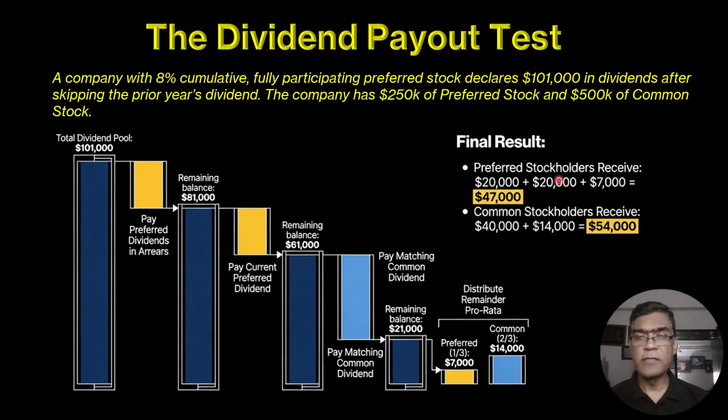So what is the final result? Preferred stockholders receive 47,000, common stockholders receive 54,000. Clear? So this illustrates how participation allows preferred shareholders to share in extra dividends once their fixed preference and matching amounts are satisfied.